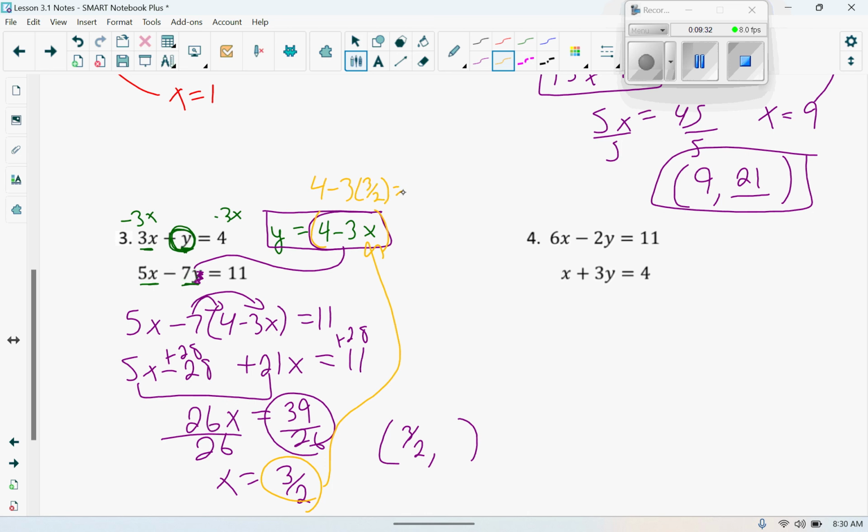And I end up getting negative 1/2 for my y. And so this is my final answer. So you will sometimes have answers that are fractions. That's pretty normal, and that's not bad.